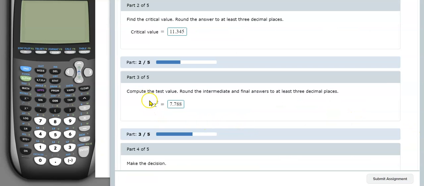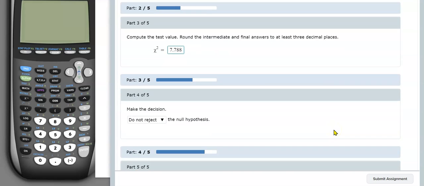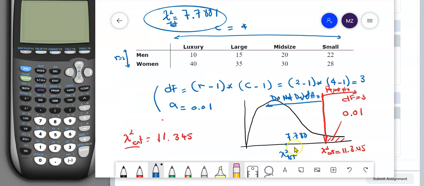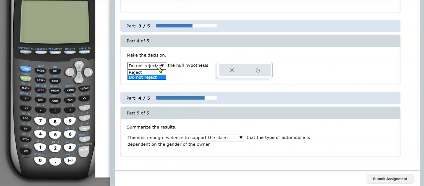On the third part, we entered already the chi-square test, which is 7.788. Now the following question is asking whether you accept or reject the null hypothesis, and you can see it clearly here. The chi-square test is within the do not reject zone, so it is not within the rejection zone, which is after 11.345. So here, do not reject.